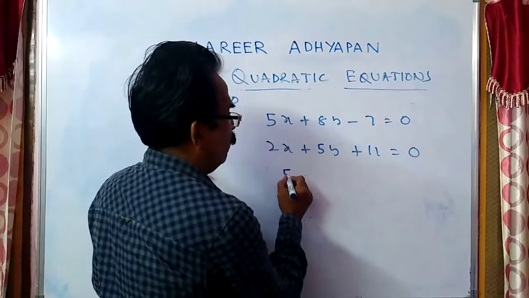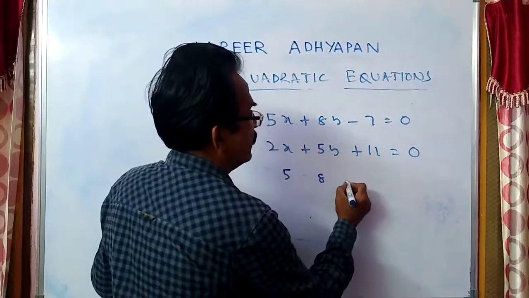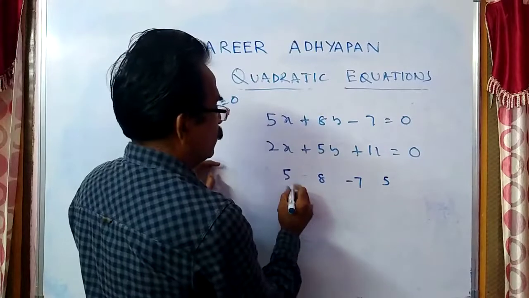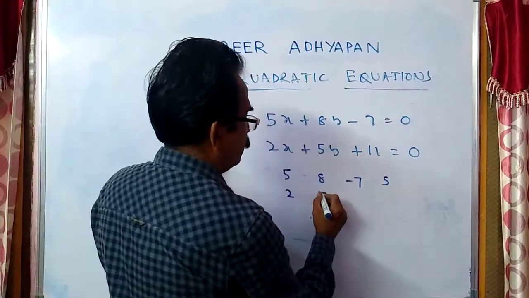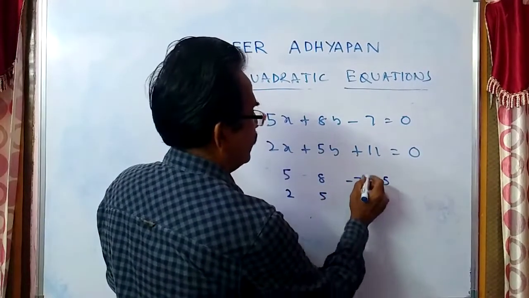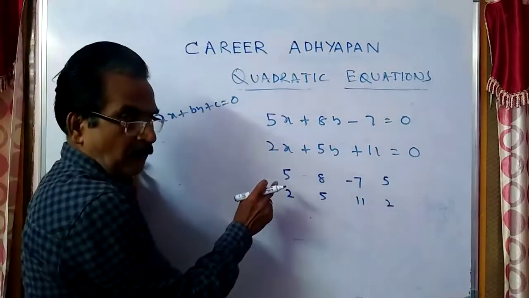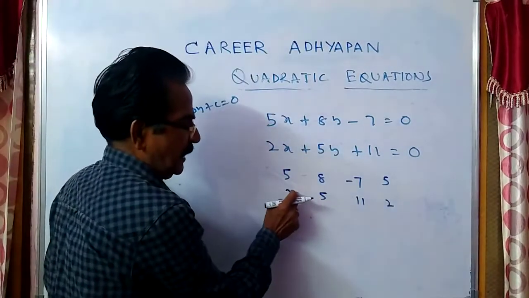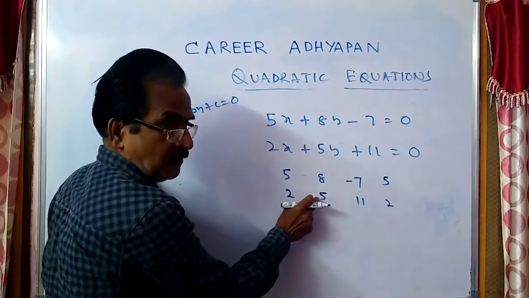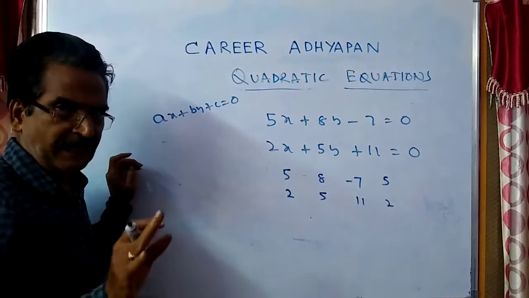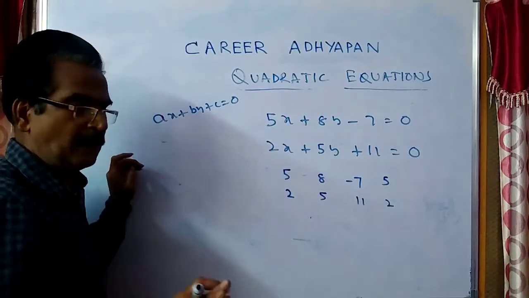First write 5, 8, minus 7, 5, and next 2, 5, 11, again 2. First check this into this minus this into this: 5 into 5 is 25, 25 minus 16 is 9, a positive value.